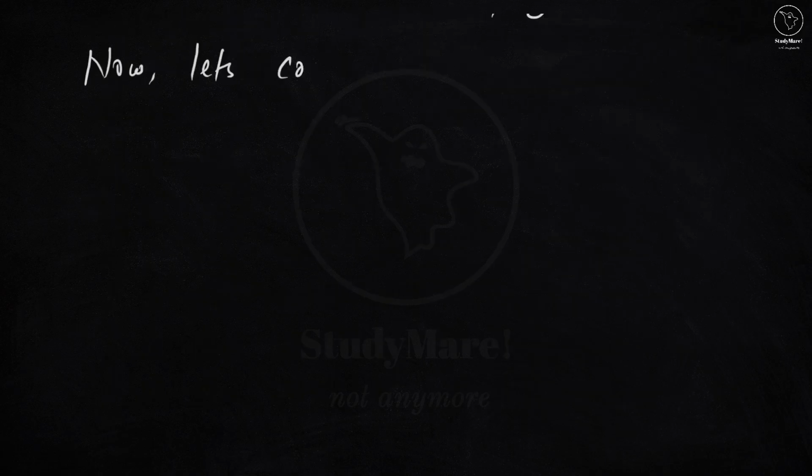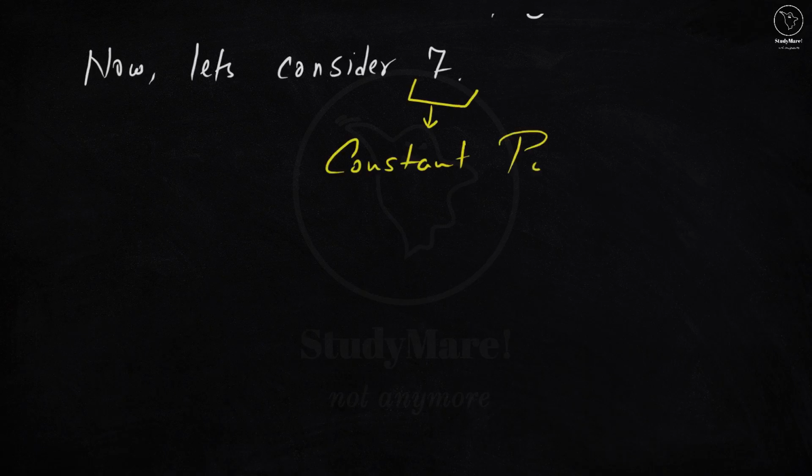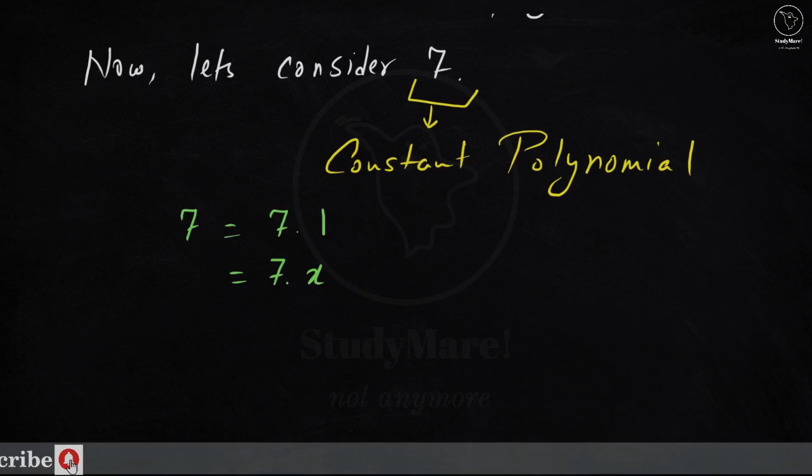Now, let's consider 7. You know that 7 is a constant polynomial. So, 7 can be written as 7 into 1. Why? Because a number multiplied by 1 always gives us the same number, which can also be written as 7 into x to the power 0, since a to the power 0 is equal to 1.